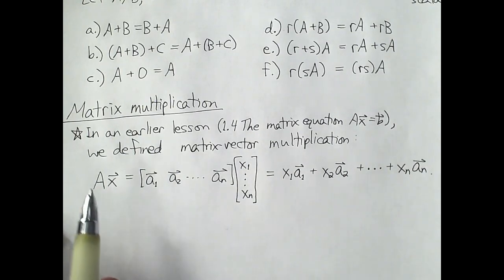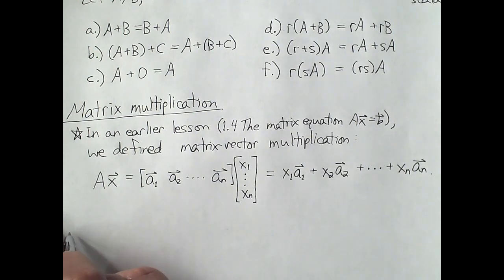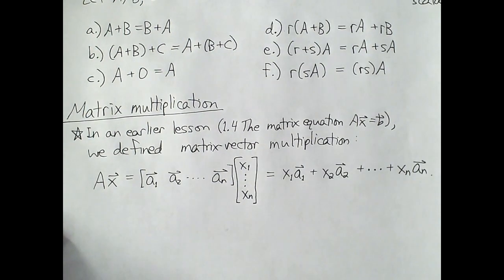That's how we've been doing a matrix times a vector. And thinking of it in this format has been useful to us because we've talked about things in this class like linear combinations. We've talked about things like linear independence. So thinking of it in these terms, we see that all of these concepts are kind of related.